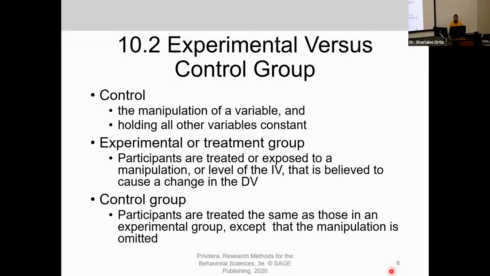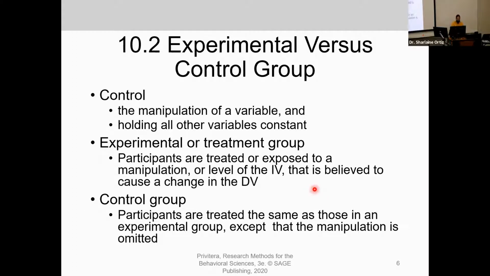If we revert back to our quick summary, notice that the experimental group, which we also refer to as the treatment group, are individuals who are indeed treated, indeed exposed to whichever manipulation I am engaging in. So in the case of our hypothetical research example, it would be the treatment modality, or the treatment setting, I should say.